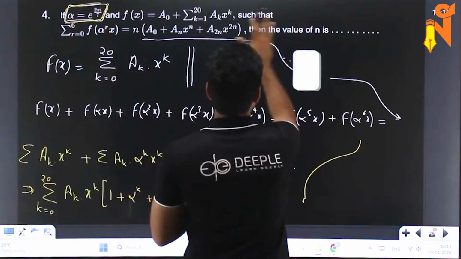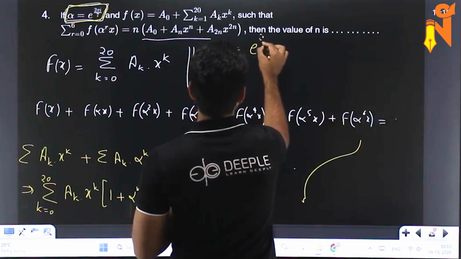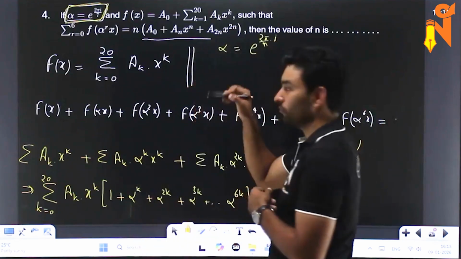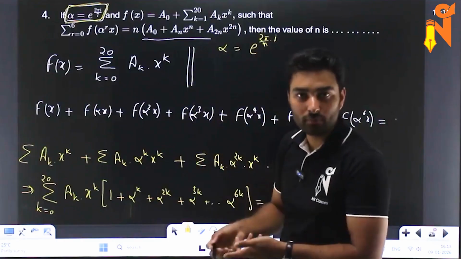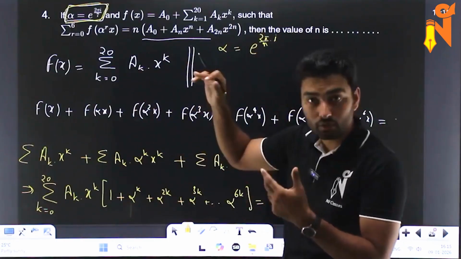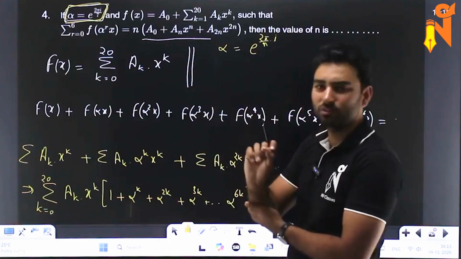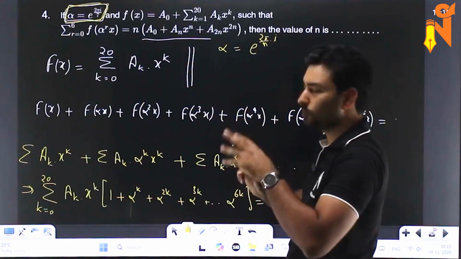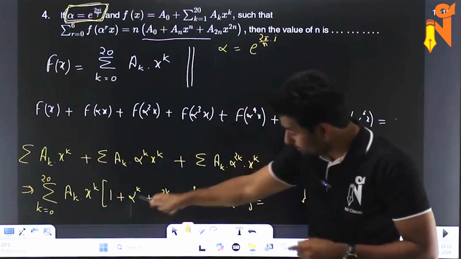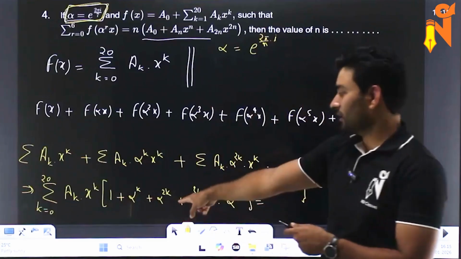So property of complex number is, if alpha is e power 2 pi by n into iota, so 1 plus alpha plus alpha square plus alpha cube up to alpha power n minus 1 is equal to 0 or n, depending on this n number. Okay, so please revise chapter. Okay, if you know the property, you can solve this question easily. Okay, like after getting this expression, instantly you can say, sir, this I know already.